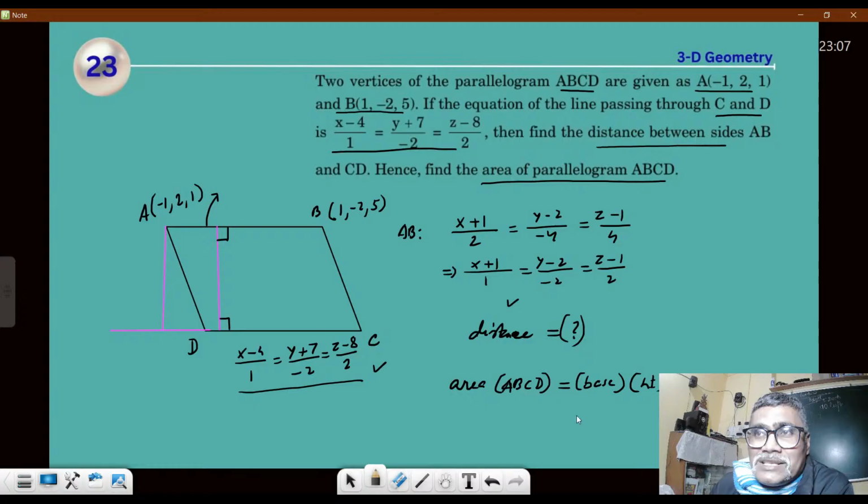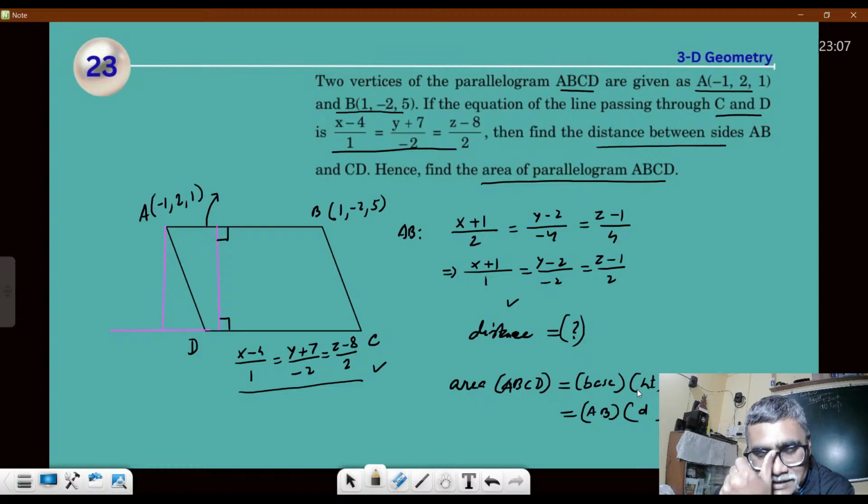So base means you can consider AB, right? And height means whatever distance you just found. Say it is D, right? So this is a very good problem. If you really have an in-depth concept on this particular idea, then only you can easily decode this. But it is not a difficult problem.